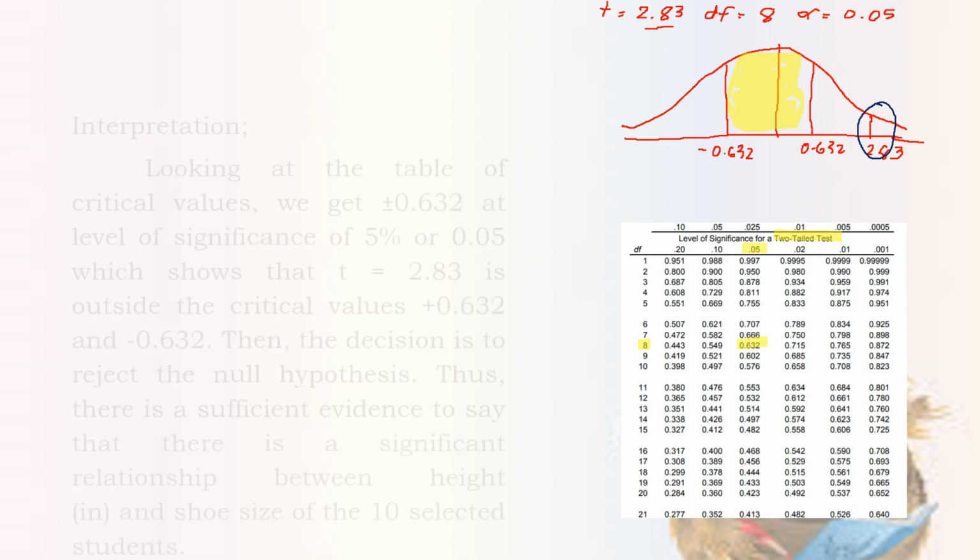If this is the acceptance region, it should only be up to here, but our value is outside. So it means that we reject the hypothesis.